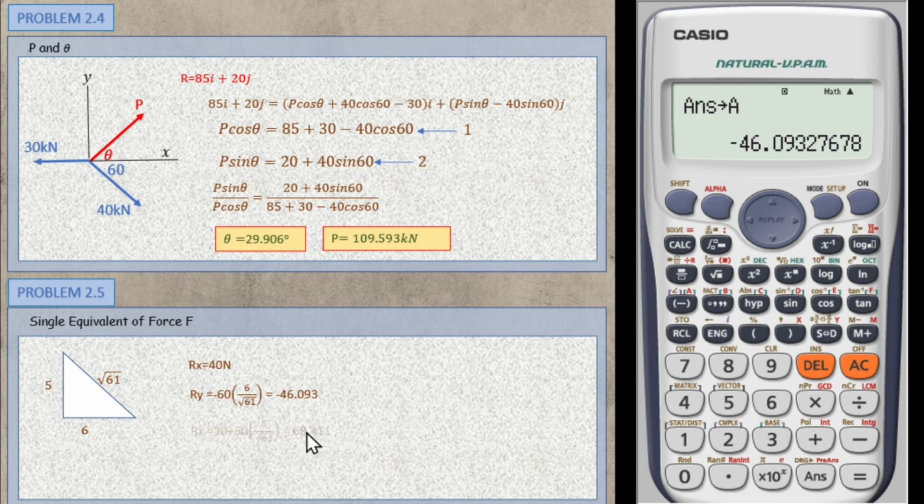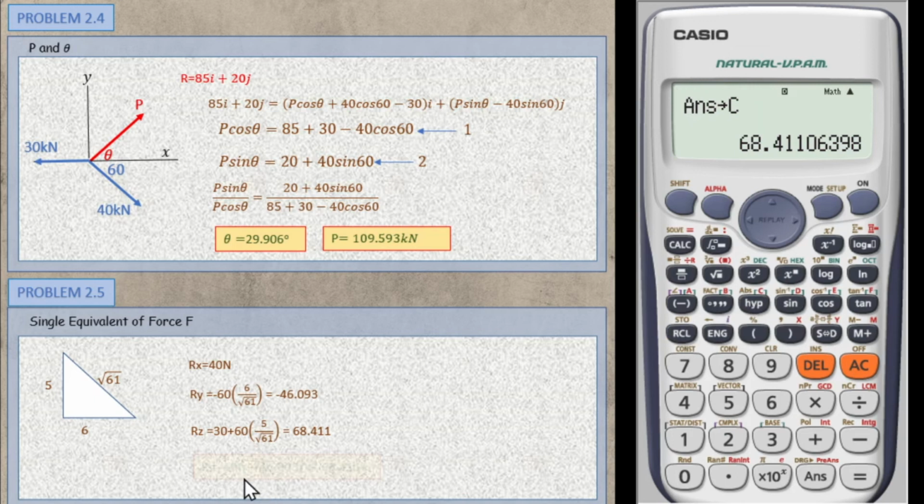And then for Rz, looking at each Rz component, we have positive 30 Newton. And then we have 60 sine theta, which is positive also. So plus 60 sine theta, so opposite over hypotenuse, 5 over square root of 61. And then by just computing again, 30 plus 60 times the quantity 5 over square root of 61, we have 68.411.